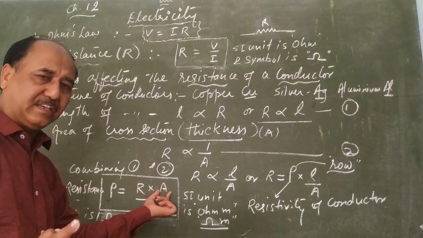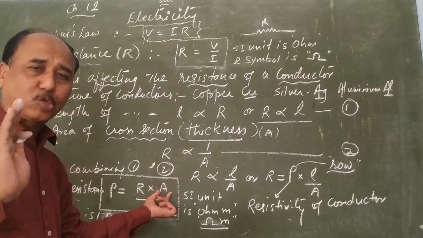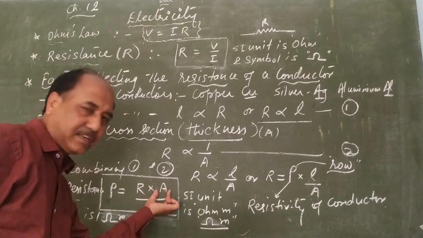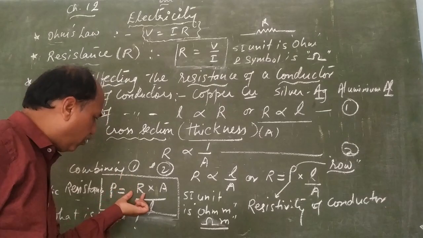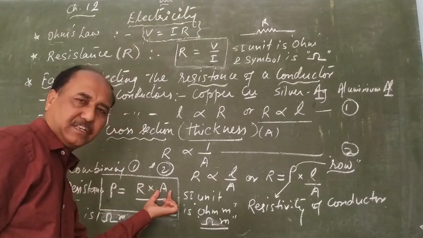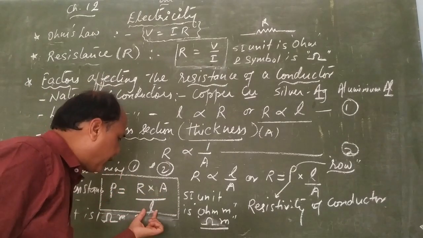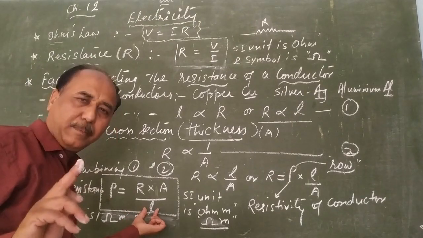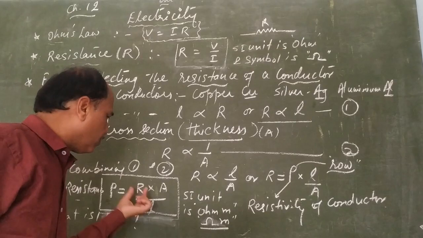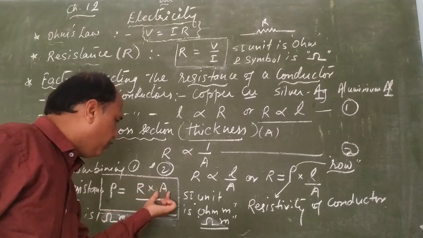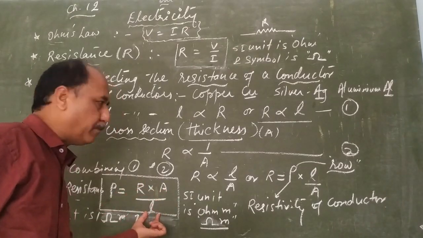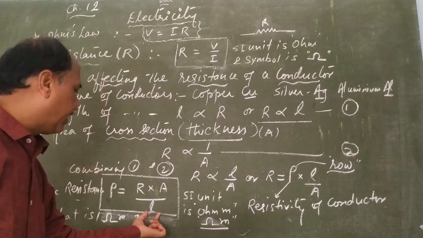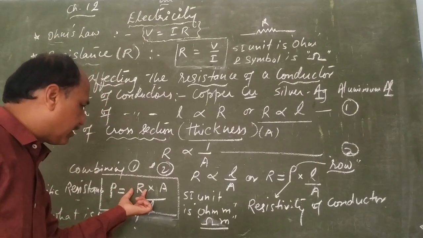In area of cross section, areas are always taken in squares, so I will use a meter square here. 1 ohm into 1 meter square divided by, again the length will be expressed in meters, divided by 1 meter. So 1 ohm into meter square divided by meter. What are you getting here?